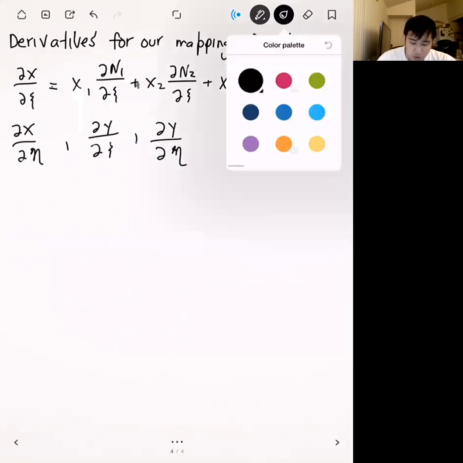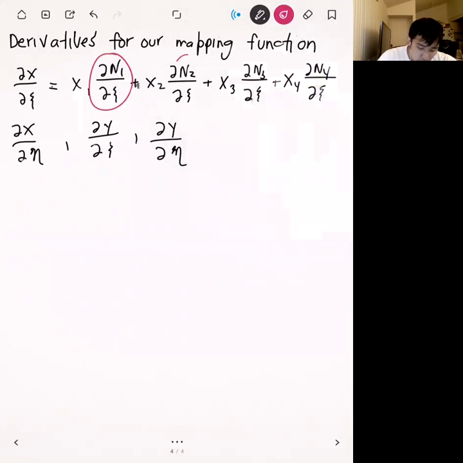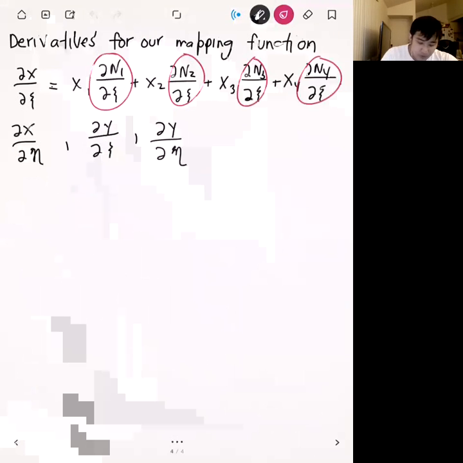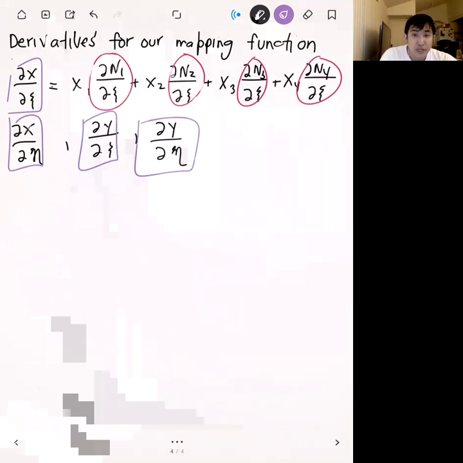And of course, in order to compute the shape function derivatives, you can just take the shape functions which I have on this page and take the derivatives corresponding to xi and eta, which isn't too hard just because these are simply linear functions in those variables. Okay. And so the big important quantity that we need is that once we have all of these derivatives of the mapping, we can put these together into a single matrix called the Jacobian matrix.